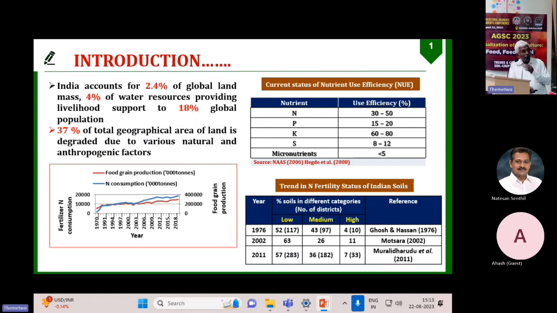Here the table enlightens us on the current status of nutrient use efficiency, which never exceeds 50% even in nitrogen. Another table clearly indicates the trend in fertility status of Indian soils, wherein the majority of soil samples are showing either low or medium status in the majority of the nutrients.